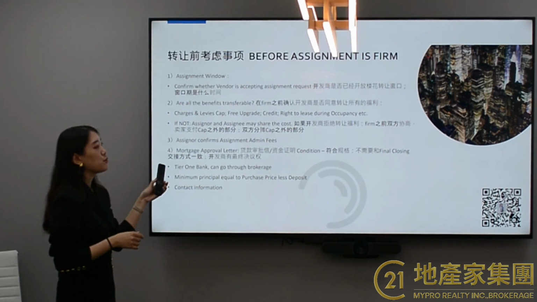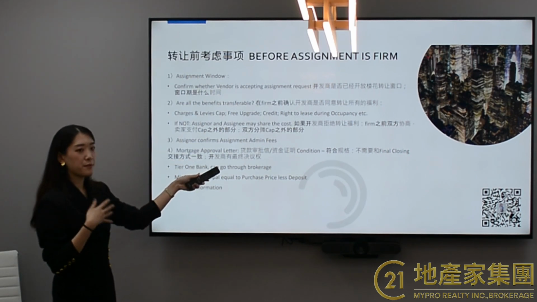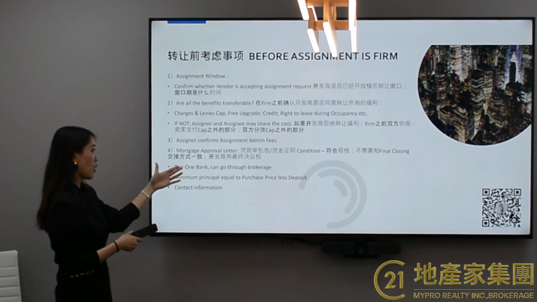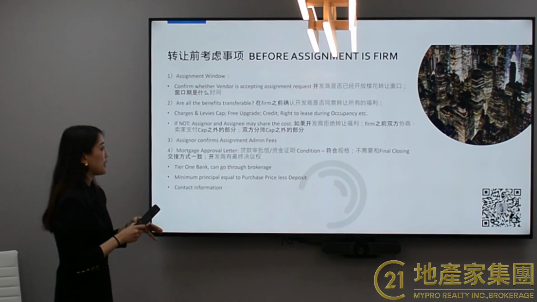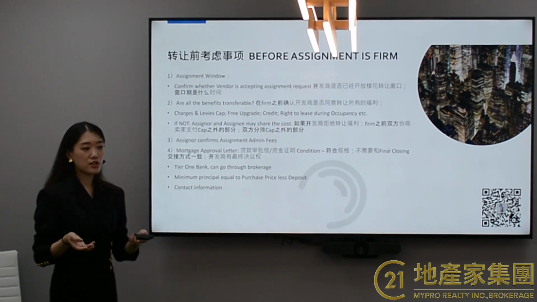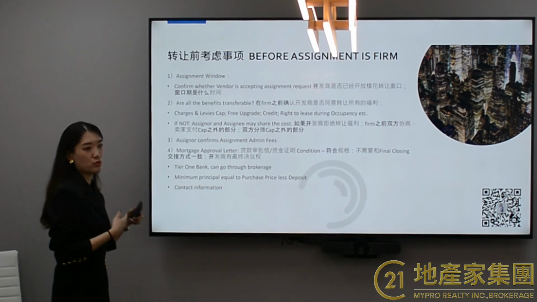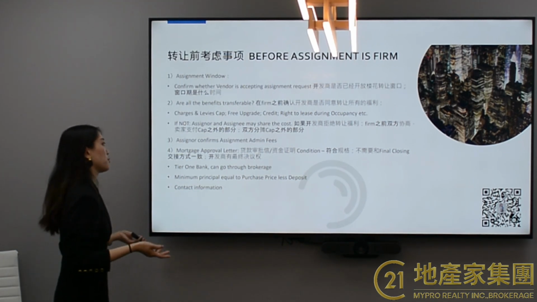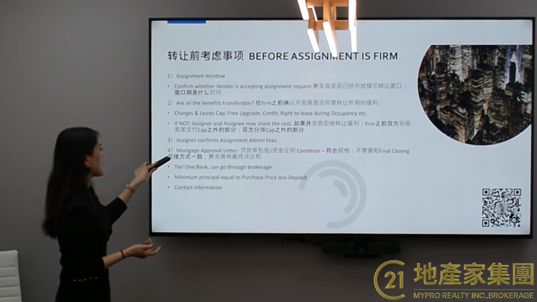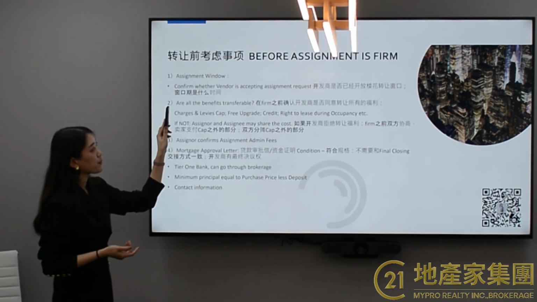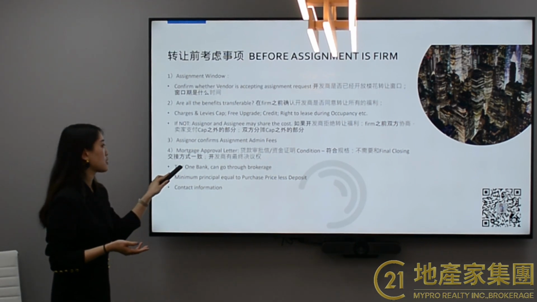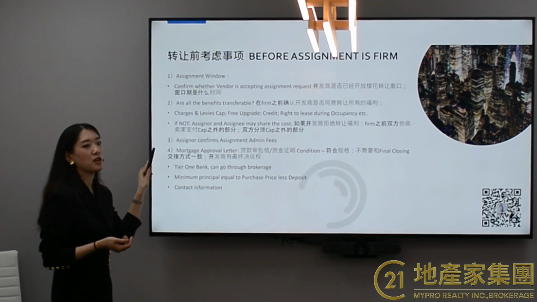So you can just get a letter from a mortgage brokerage if you want, as long as it meets all the requirements. It doesn't have to be the mortgage that you actually use for closing. It's just to prove that I have the ability to obtain a mortgage, the financial ability to close. So you need to make sure that you can get this before the assignment agreement is firm, because this is most definitely going to be part of the requirement.